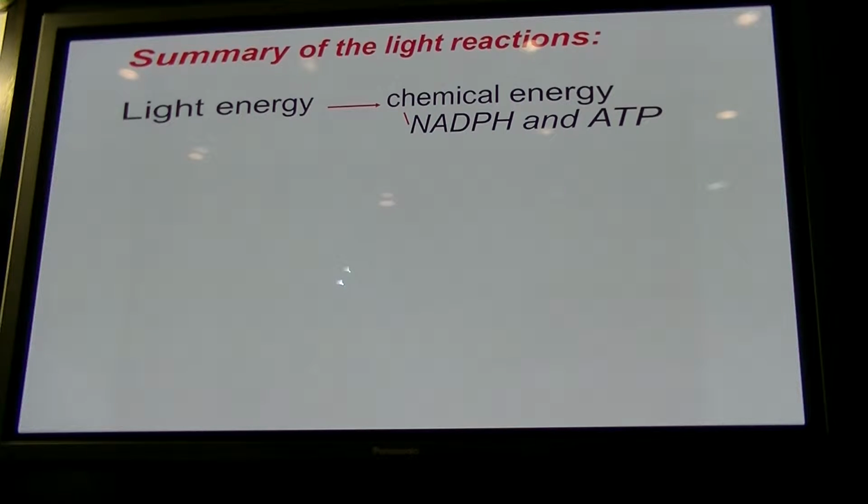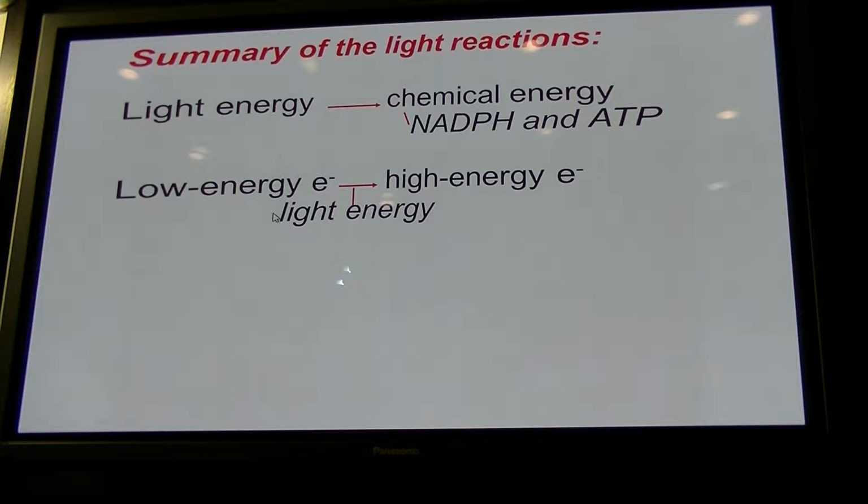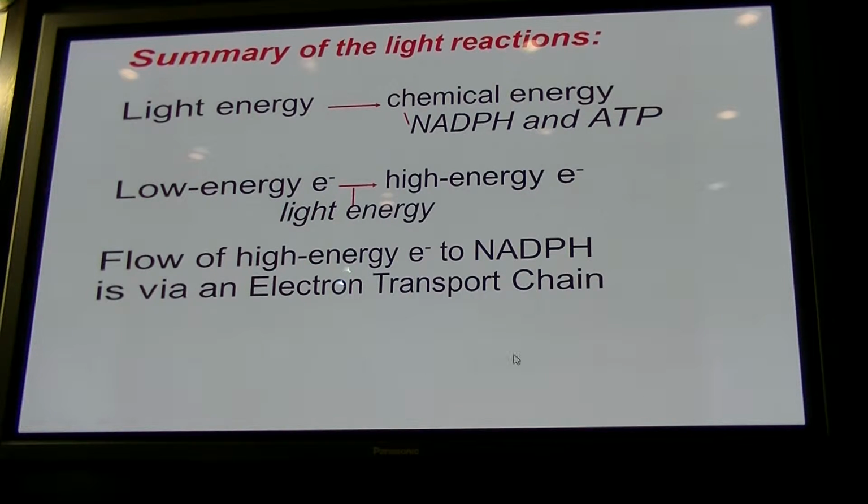Okay, summary of the light reactions. Light energy is used to capture energy in the form of chemical energy, in the form of NADPH and ATP. There's a lot of energy stored in those. The low energy electrons in water are used to get high energy electrons in NADPH under the influence of light energy.